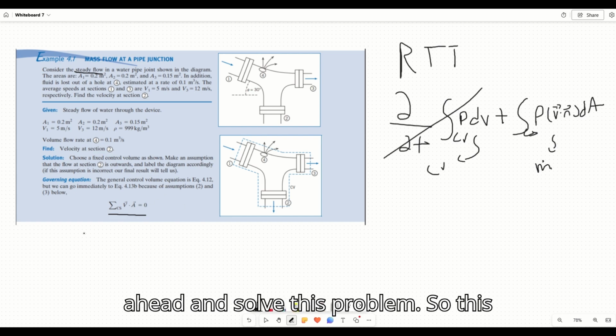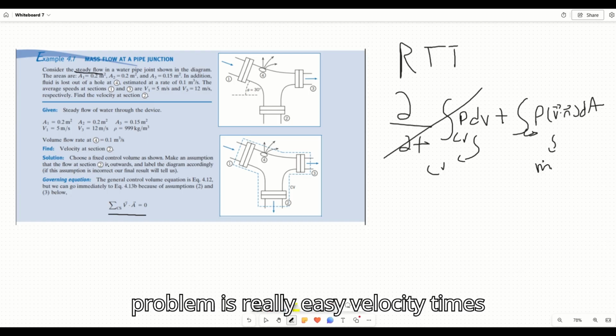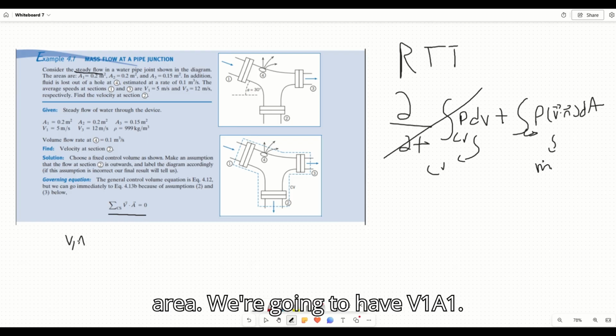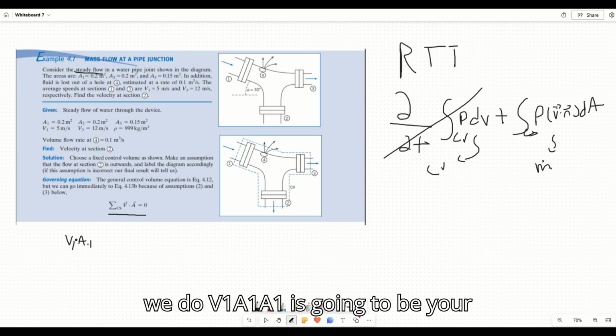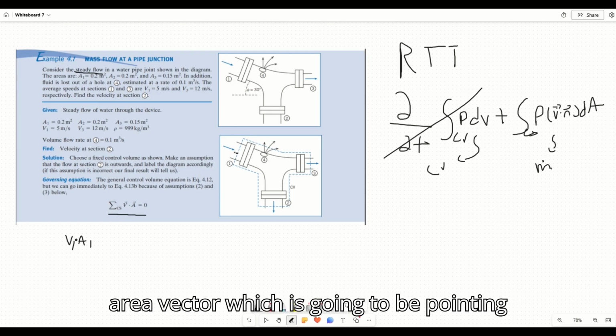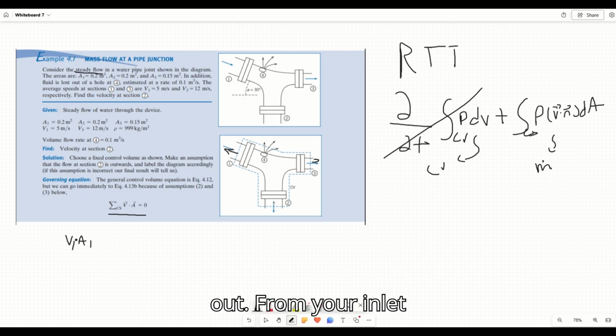So this problem is really easy. Velocity times area, we're gonna have V1, A1, this is actually a dot product, and A1 is gonna be your area vector, which is gonna be pointing out from your inlet or your outlet, right?